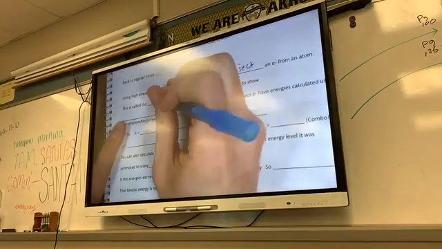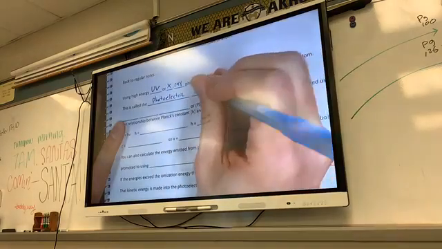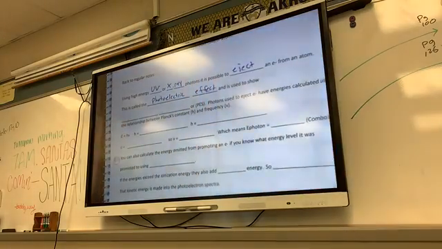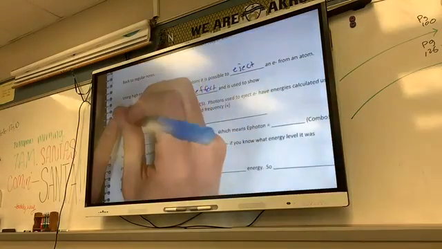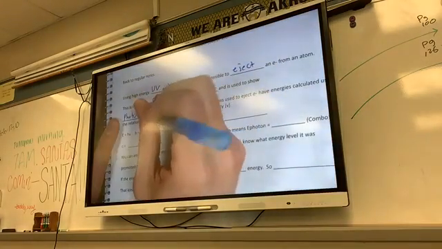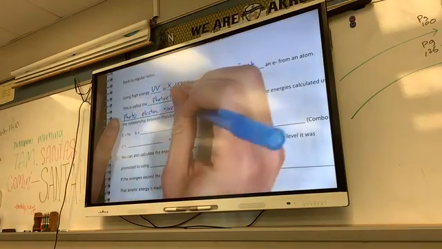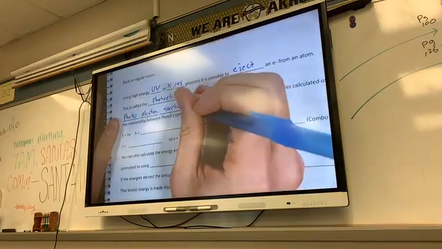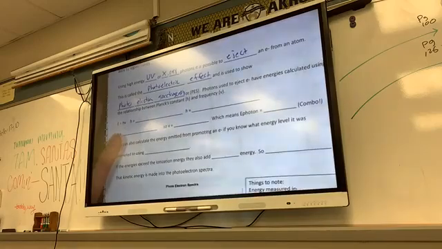This is called the photoelectric effect and is used to show what you did on Friday, photoelectron spectroscopy, or as I like to say, PES.